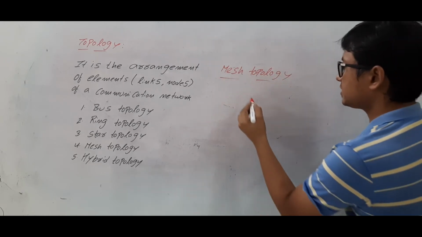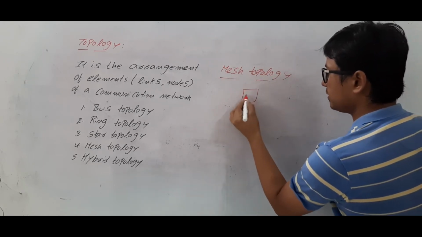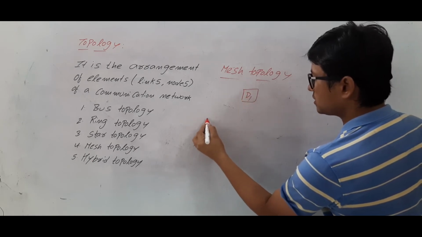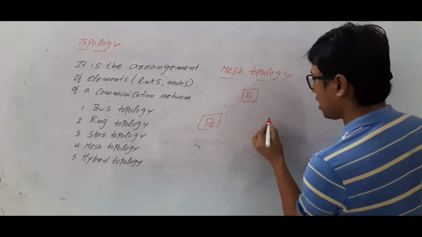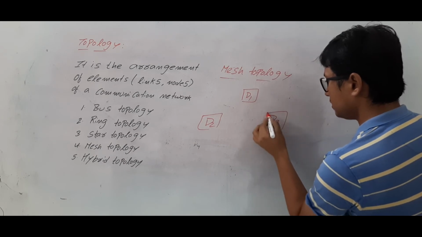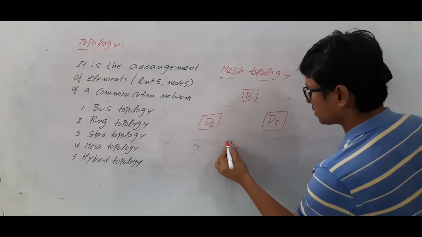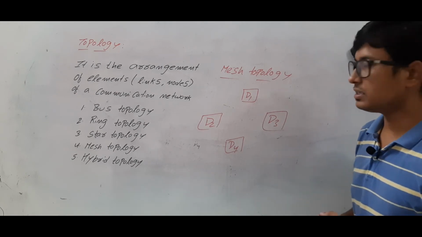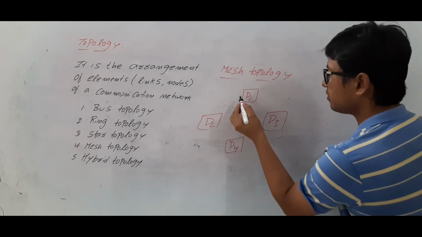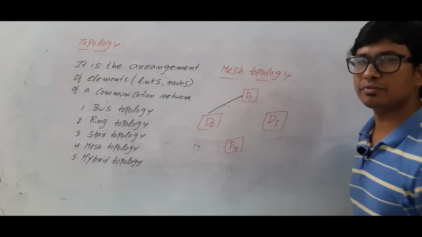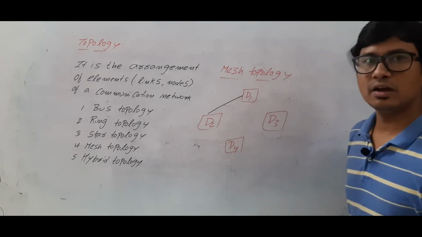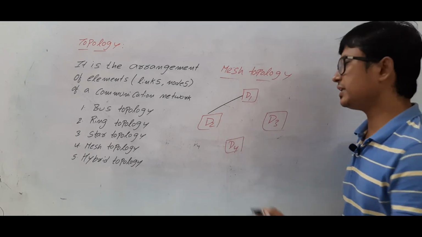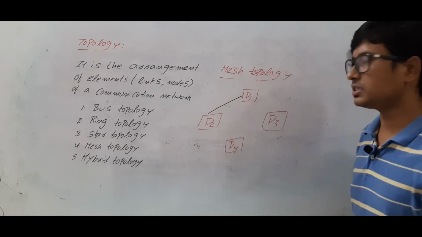Okay, now let's take that you have a device 1, you have a device 2, you have a device 3, you have a device 4. Okay, now these devices, how will they be connected? Device 1 can be connected to device 2 by using a half duplex communication. Meaning, in both the directions it can communicate.